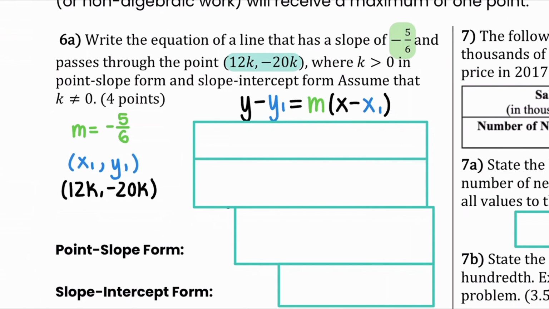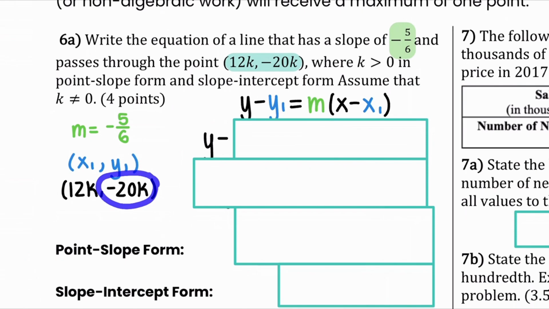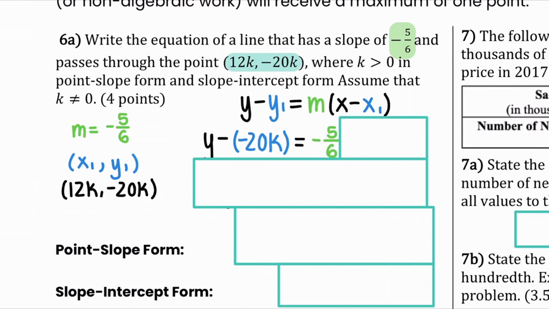So let's substitute in every piece of information that we know. In this case our value of y is negative 20k, so we have y minus negative 20k equals negative 5/6 times x minus 12k.